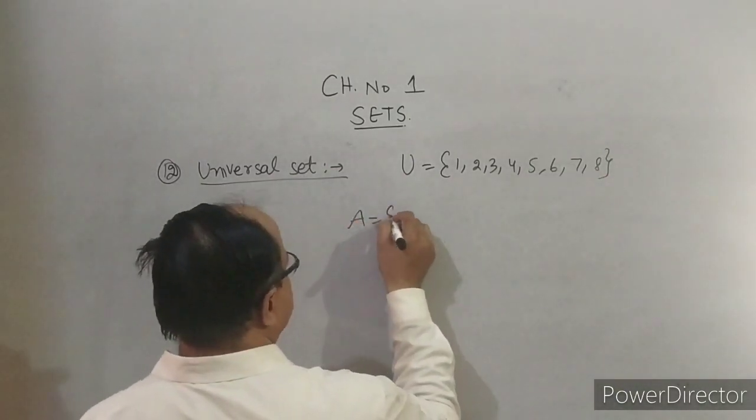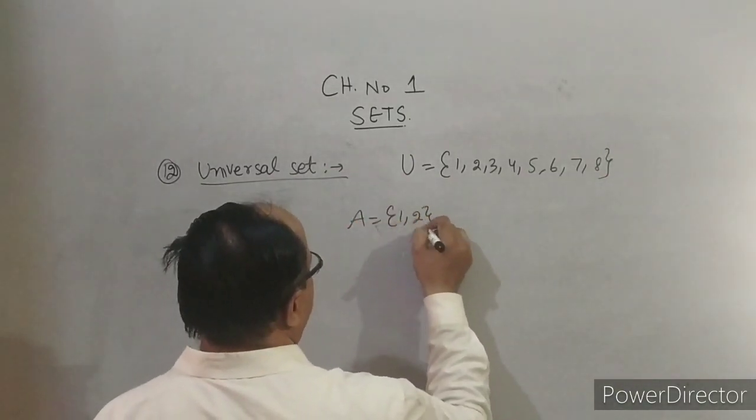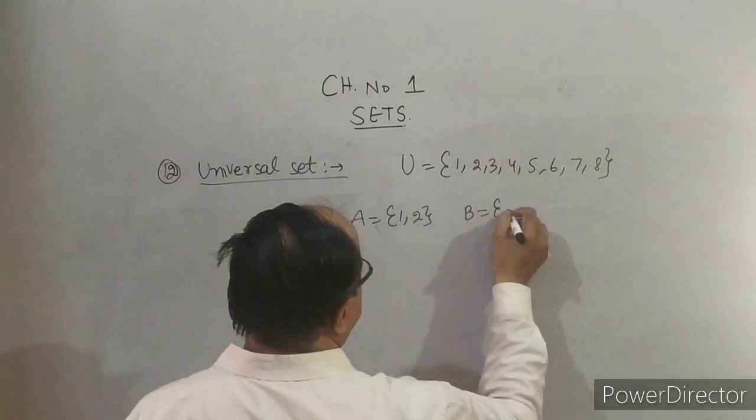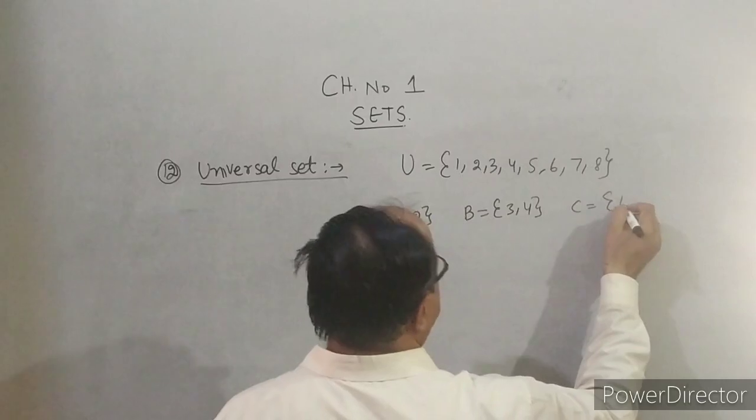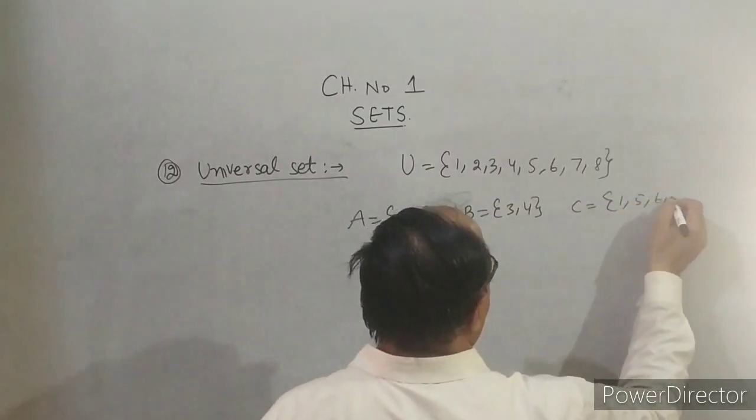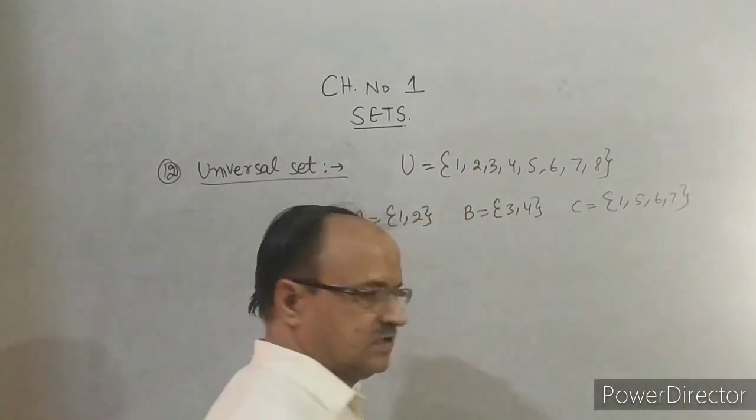Suppose A is equal to {1, 2}, and B is equal to {3, 4}, and C is equal to {1, 5, 6, 7}, like this.